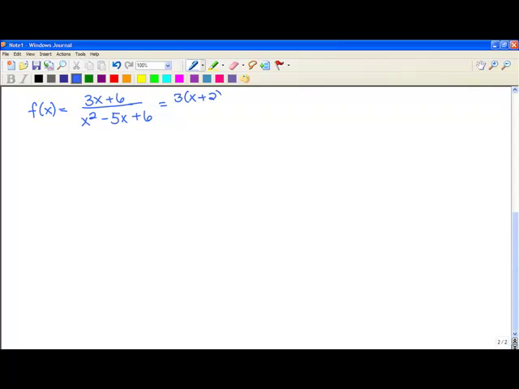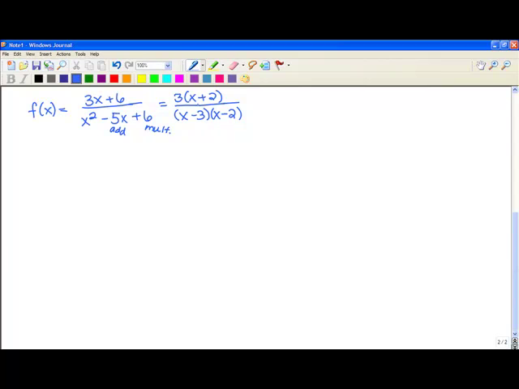That leaves us 3 times x plus 2. And then we need to factor the denominator. We need to think about finding two numbers that multiply to 6 and add to -5. And the factors turn out to be x minus 3 and x minus 2.